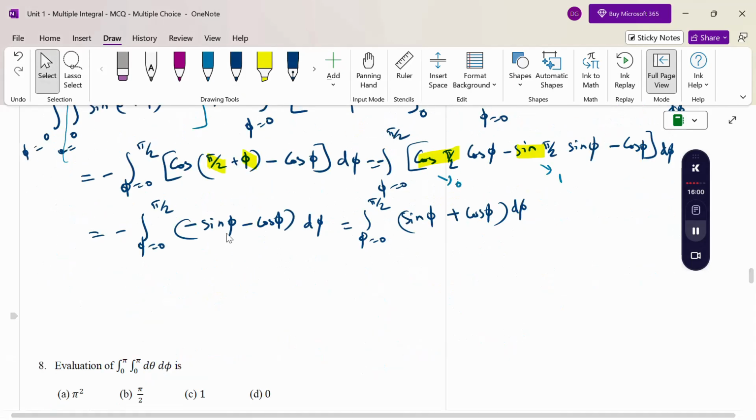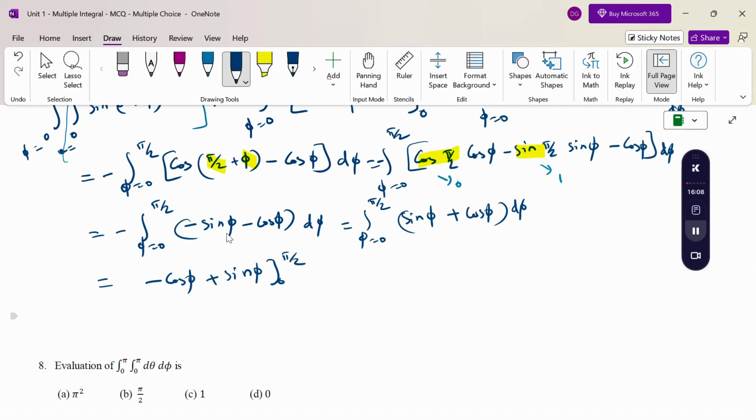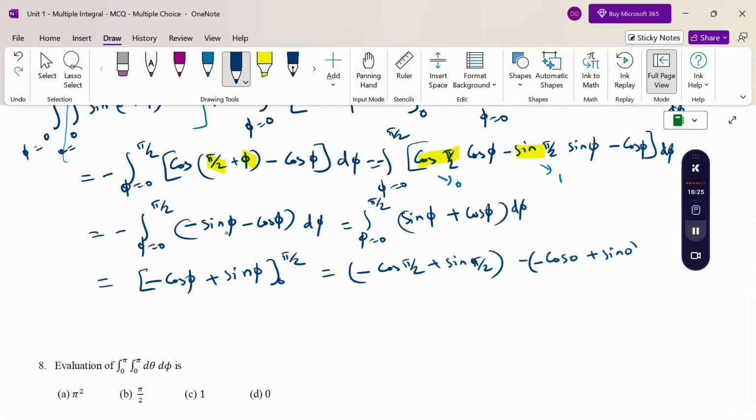Now the integration of sin pi is minus cos pi, and of cos pi is sin pi, from 0 to pi by 2. Substituting limits: cos pi by 2 plus sin pi by 2 is the upper limit, minus cos 0 plus sin 0, the lower limit.